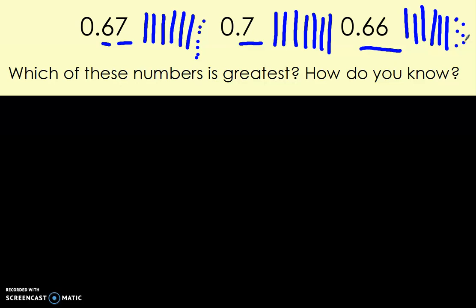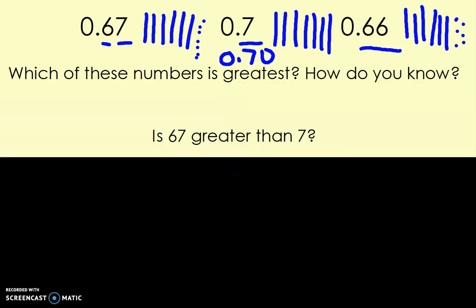So I drew it, that's how I knew, but I could also think about equivalent decimals, and I know 7/10 is equivalent to 70 hundredths. Or I could think about it like money, 70 cents. So 70 cents is more than 66 cents or 67 cents.